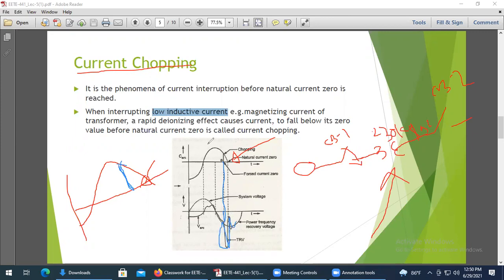As the current is purely inductive current, the frequency of this TRV will be very, very high. This high frequency TRV will try its best to restrike the electric arc. In fact, it is generally observed that if you do not take any precautions, this current chopping phenomenon finishes with the restriking of the electric arc.